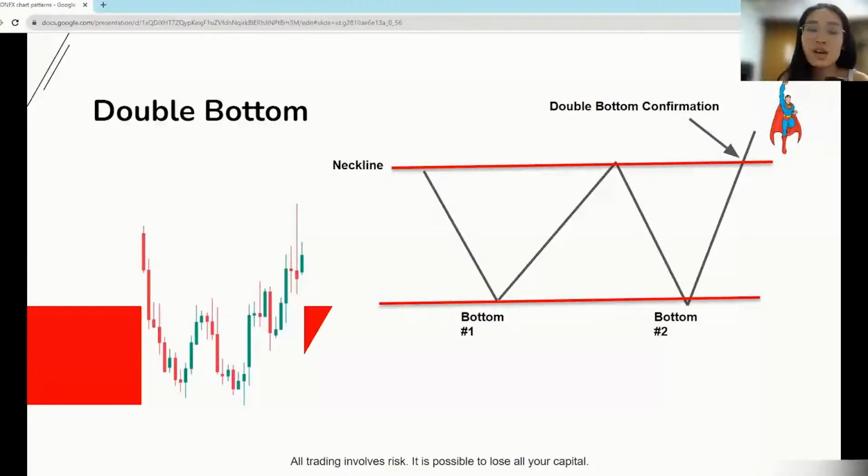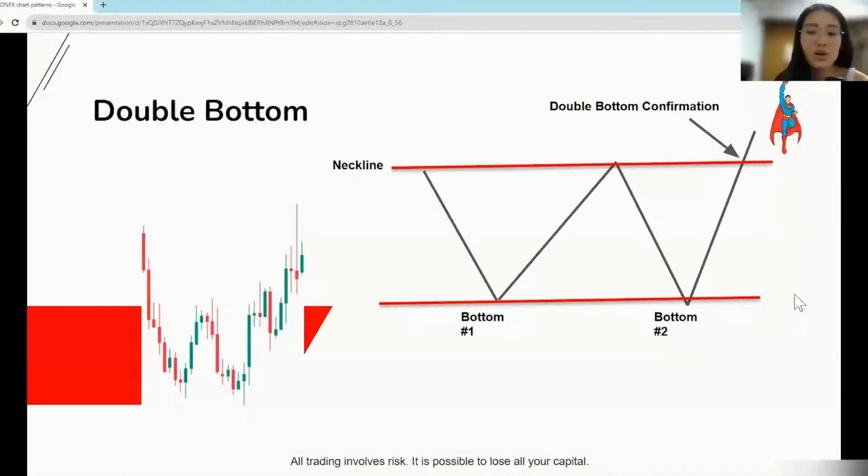Kind of opposite of double top, we have the neckline, instead of being on the bottom, it's on the top. And then instead of having two tops, we have two bottoms. The double bottom confirmation, similarly to double top, happens once price surpasses the neckline. Okay, so the double bottom reflects very strong levels of support, as you can see here.